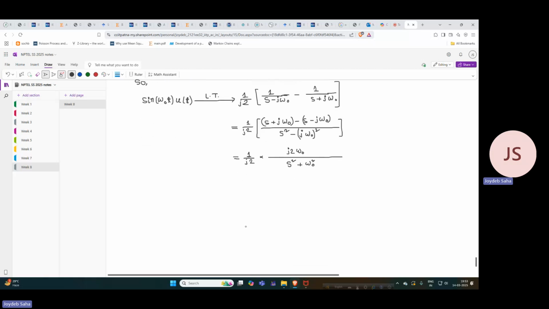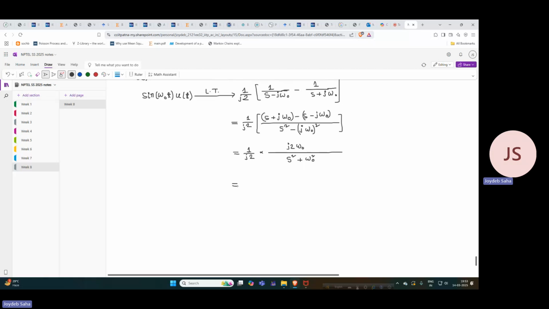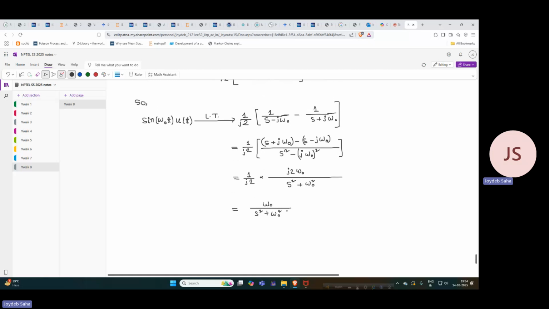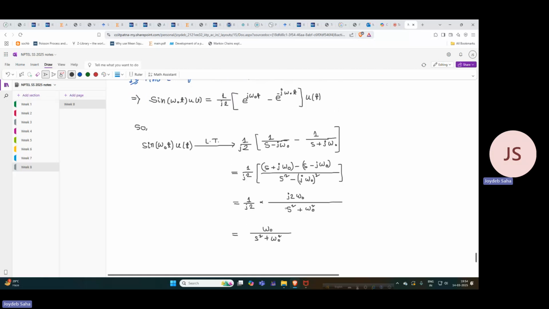And it is equal to omega 0 divided by s square plus omega 0 square. Fine. So this is the complete solution.